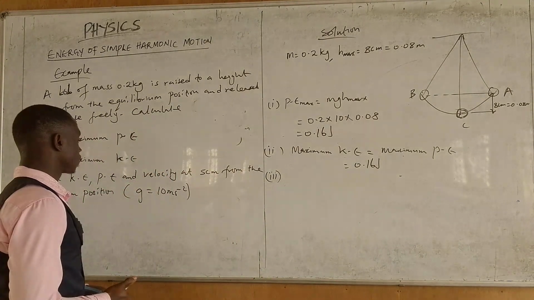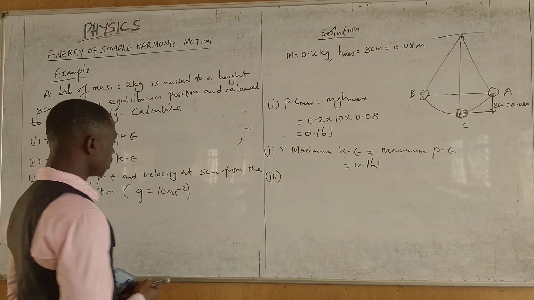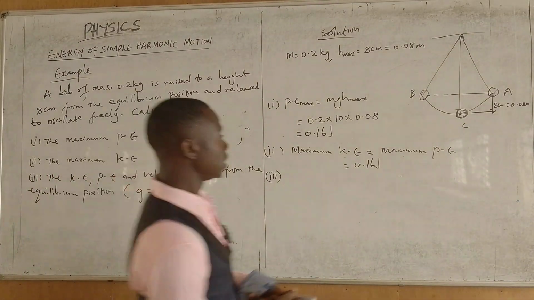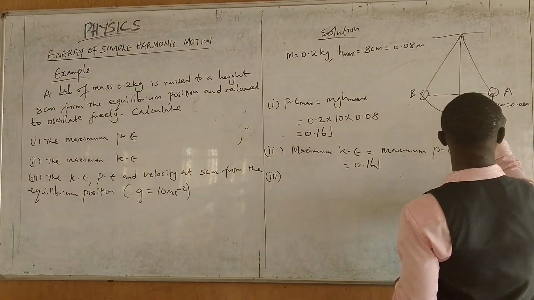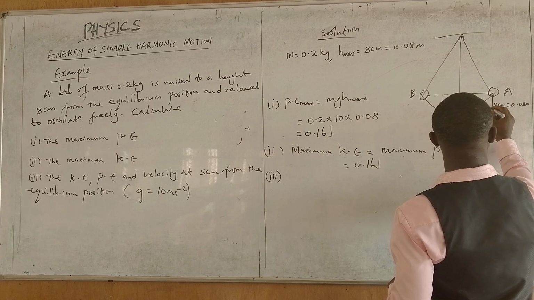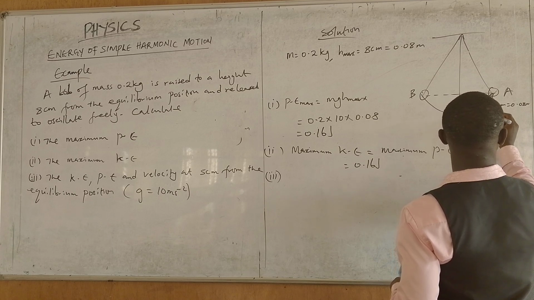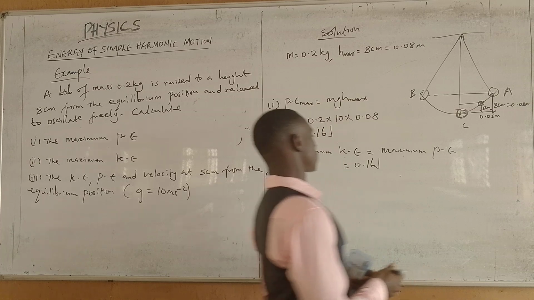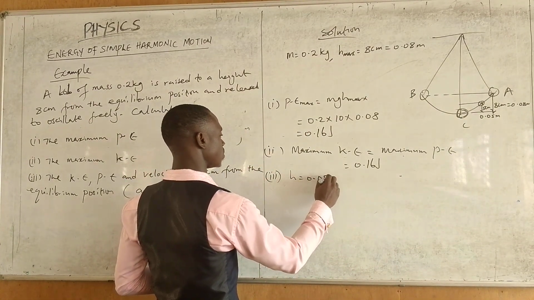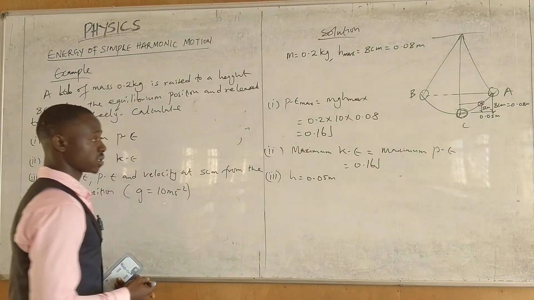Number three, the KE, the PE, and the velocity at 5 centimeter from the equilibrium position. Maybe let me say around here, at a height 5 centimeter, which is 0.05 meter. So this time around, our height is 0.05 meter. I think we can calculate the PE first.